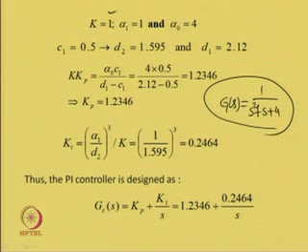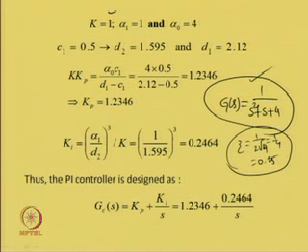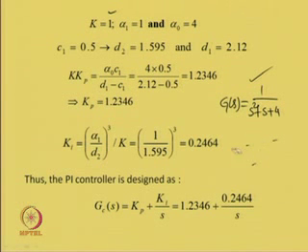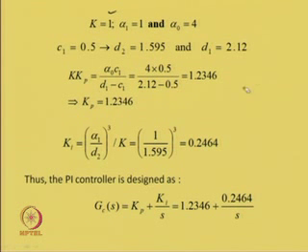We consider an all pole transfer function of the form G(s) is equal to 1 upon s square plus s plus 4, and the damping ratio for this one is equal to 1 upon 2 root of 4, which is 1 upon 4, that is 0.25. So, obviously, the damping ratio is 0.25 and we have an under damped process, for designing a PI controller for the second order under damped system.